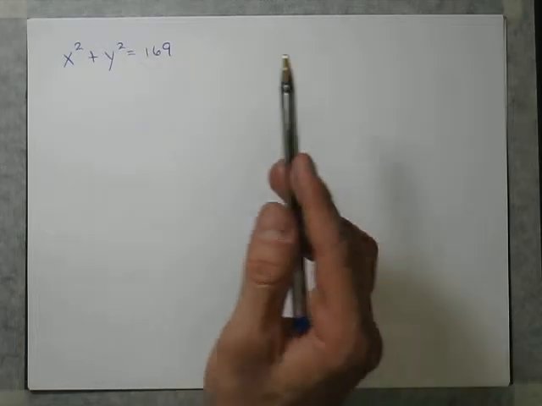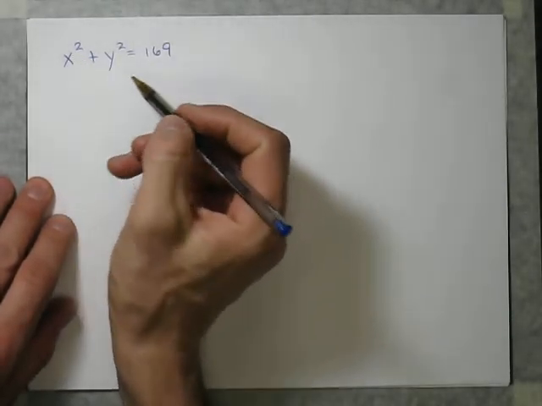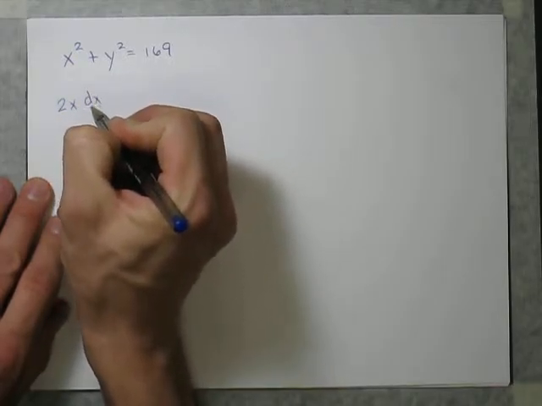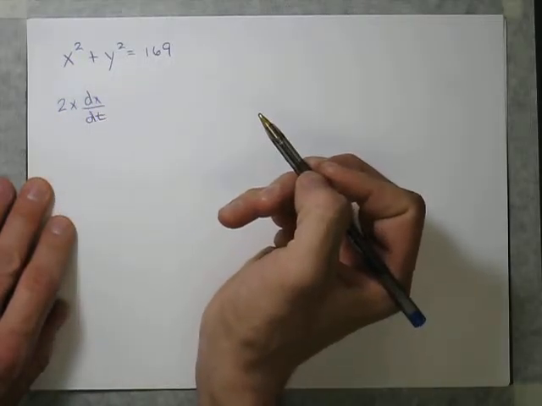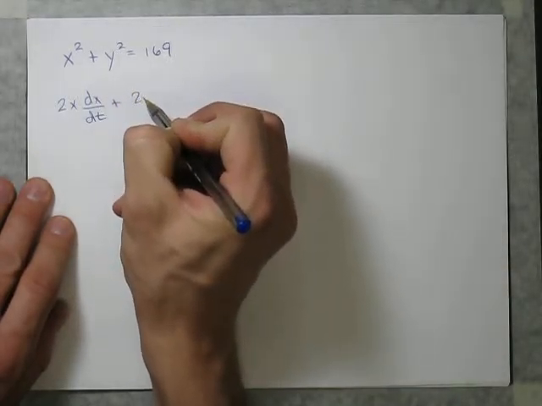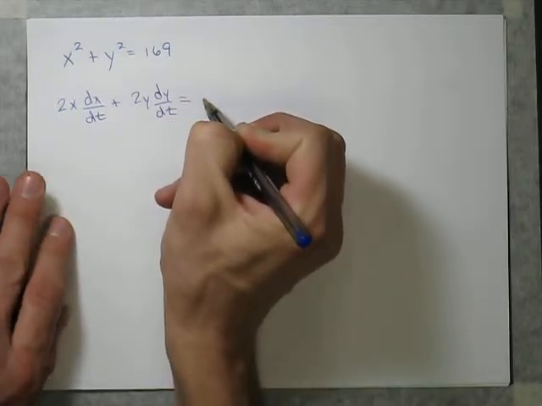So now that I have an equation relating my variables, we want to differentiate with respect to t. Remember, it's implicit differentiation. So this is 2x dx/dt, plus 2y dy/dt is equal to 0.